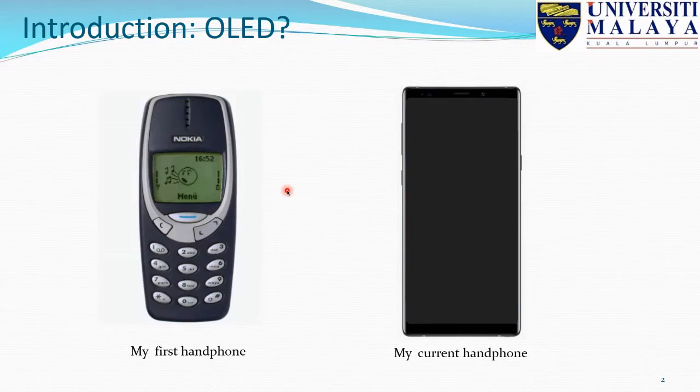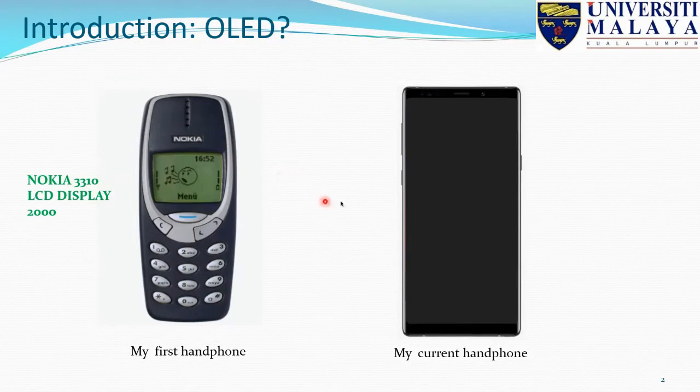It was introduced to the market in 2000, if I'm not mistaken. In Malaysia, I think they used to make a joke about it, the Nokia 3310. This first handphone that I own is using an LCD display.